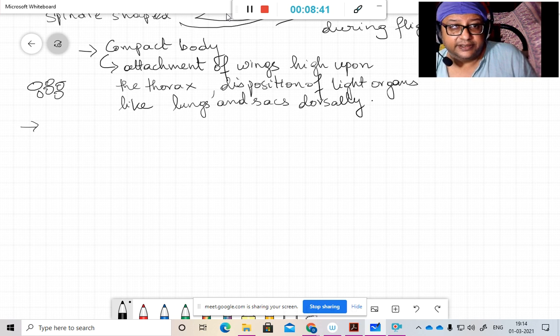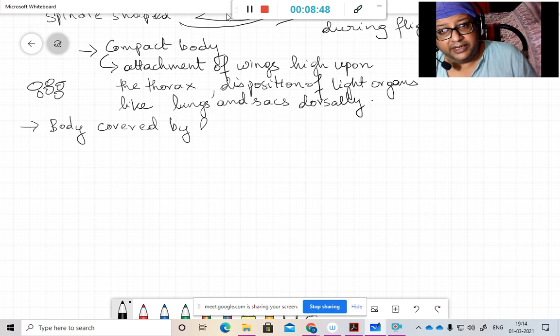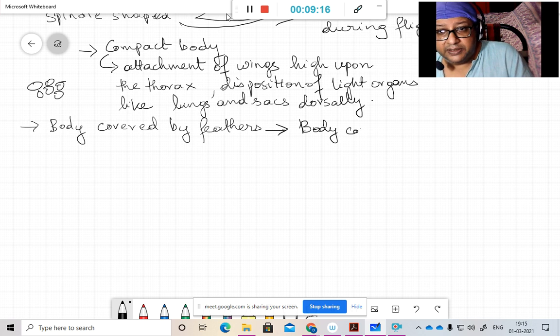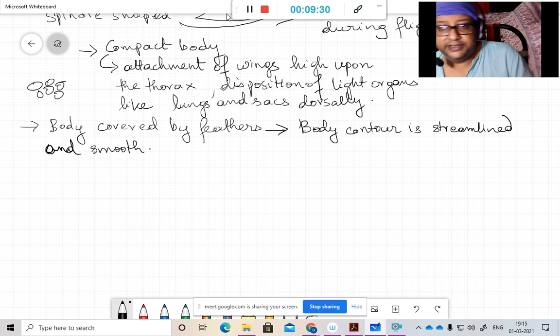Next is body covered by feathers. Because of the presence of feathers, and because of these feathers, the body contour is streamlined and smooth.